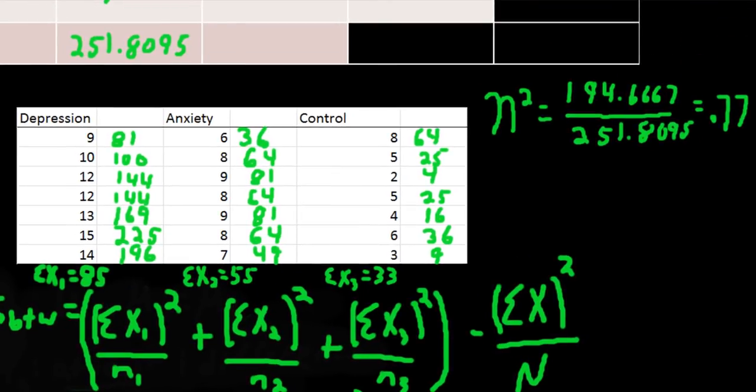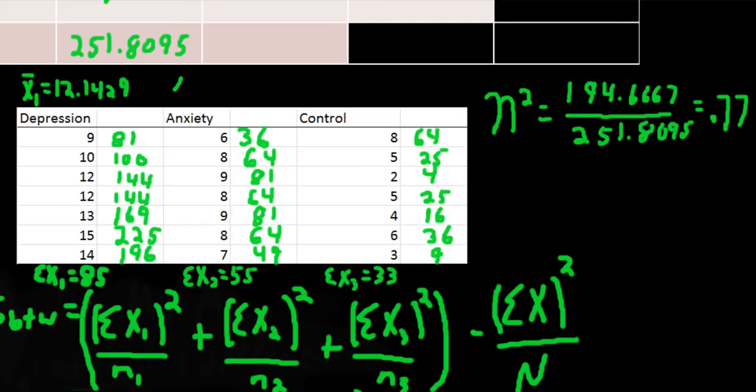So let's go ahead and compute the means for each group. The depression group would be 85 divided by 7, which gives us 12.1429.